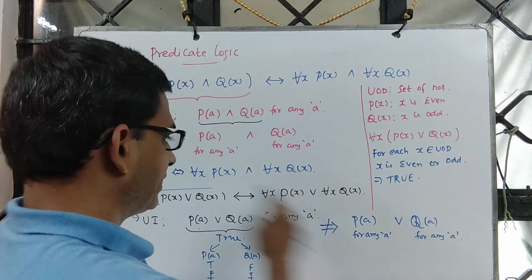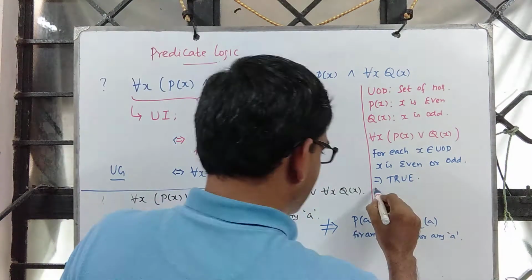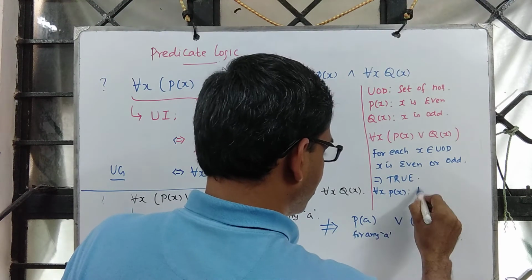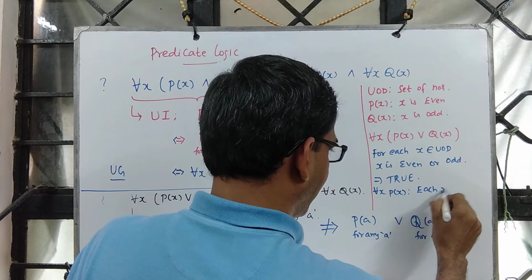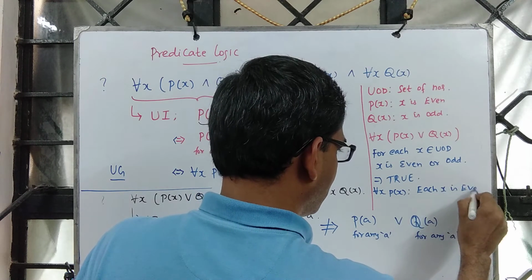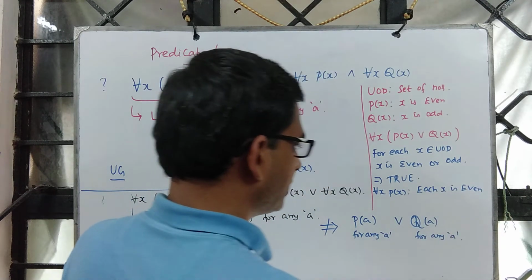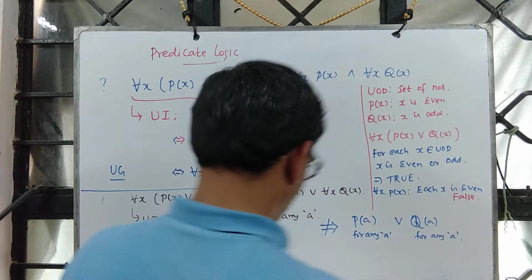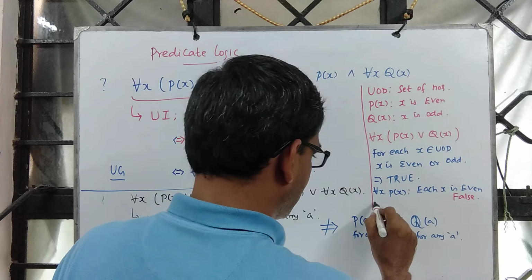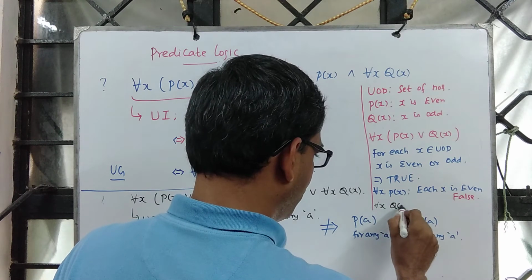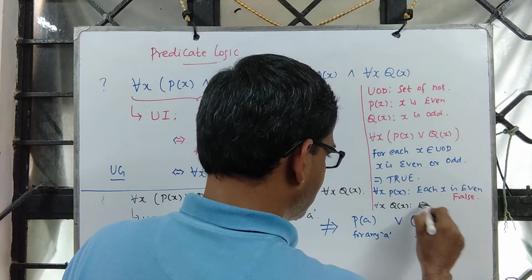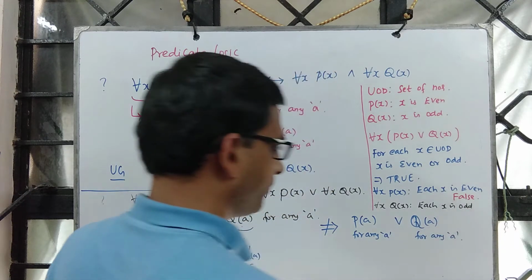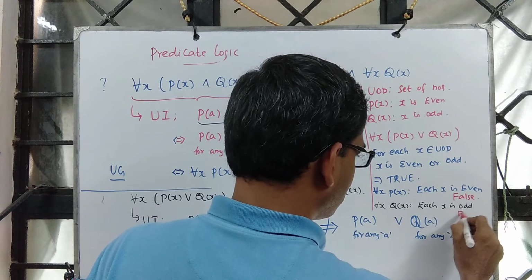But look at the right hand side. The right hand side says for all x P of x, it says each x is even, which is false. Each x is not even. The next one says for all x Q of x, which means each x is an odd number, which is also false.